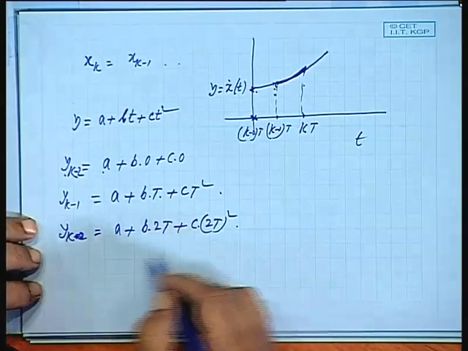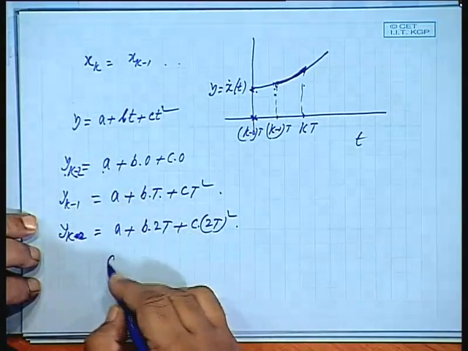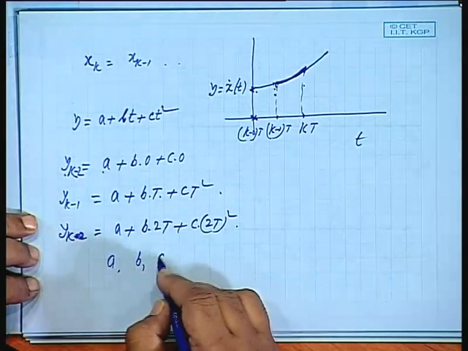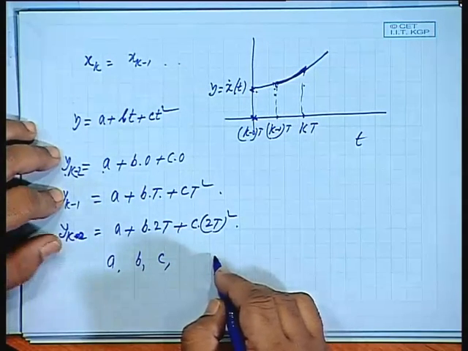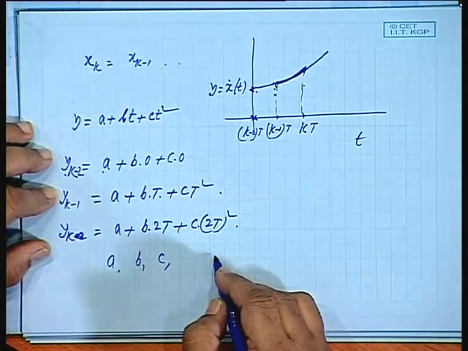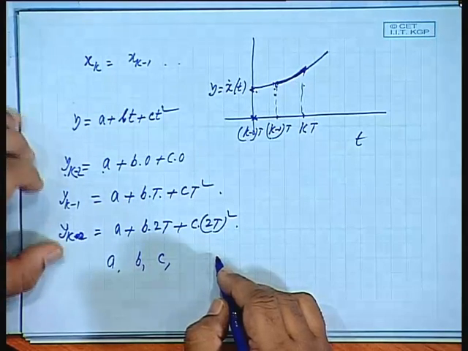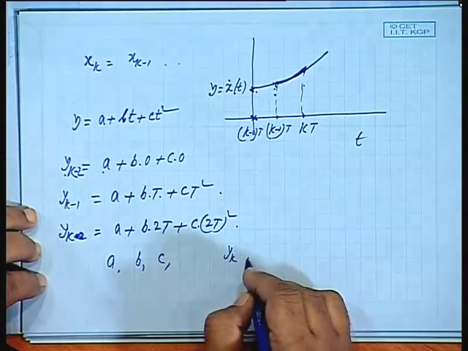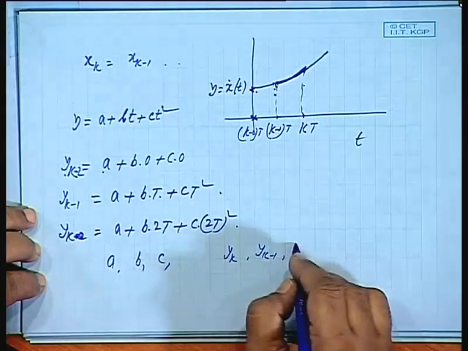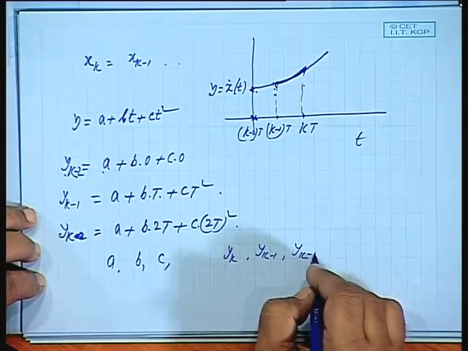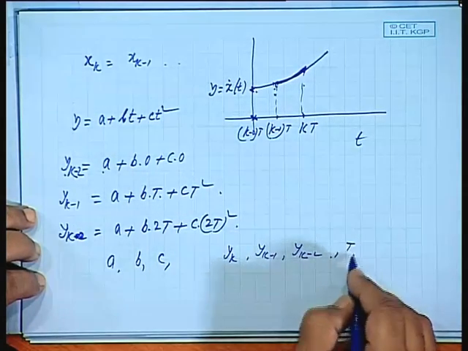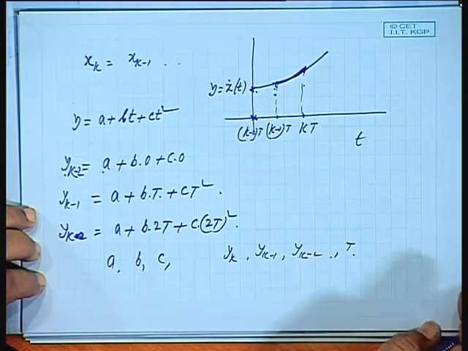So, you can finally get a, b and c in terms of these three values, y k, y k minus 1, y k minus 2, and the t's.